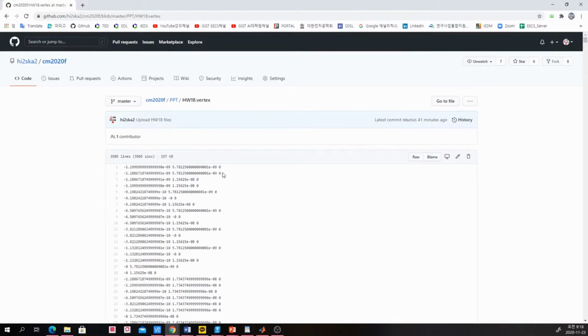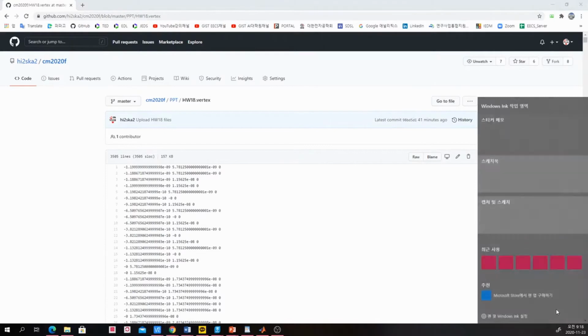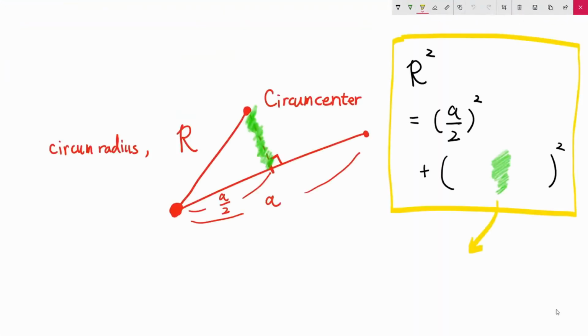Can you understand? If we draw vertices 1, 2, 3, I would like to draw in this way. Vertex 1, and vertex 2 is located in a more right position here, and this is vertex 3.